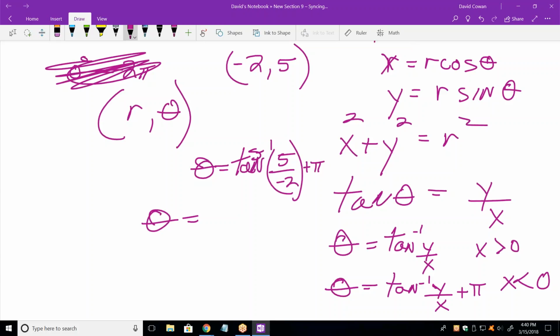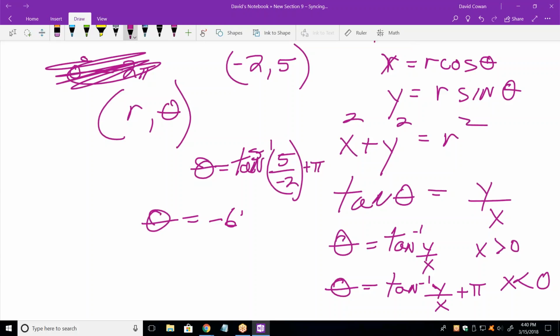So I want to put in minus 5 divided by 2. So I get minus 68.19.